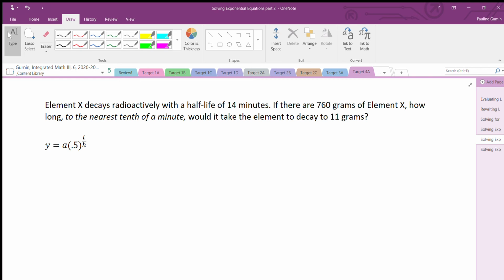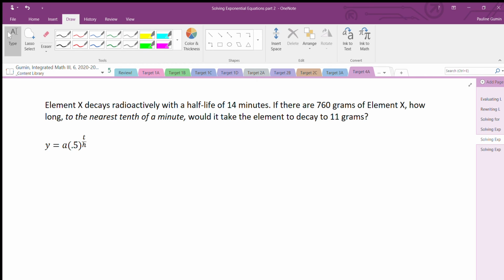This is a great decay model, not only for radioactive stuff, but it can be applied to medicine, so how long it takes for a drug to dissolve in your body. This can also be applied to the healing of wounds. Of course, there'd be a little bit more to it if we were considering infections. But one way or another, this is a great decay problem. Let's do it.